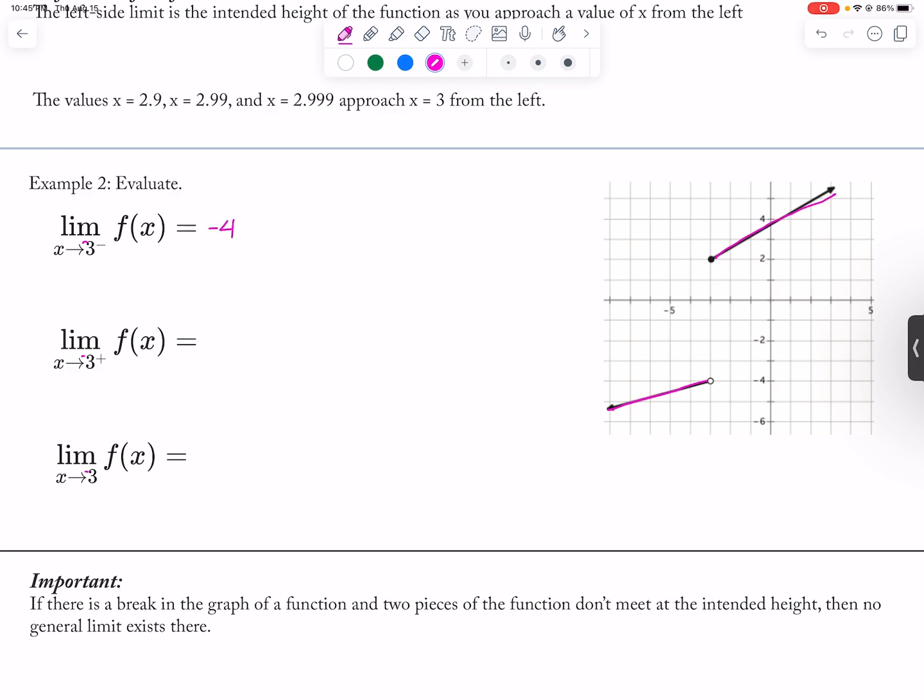And then from the right-hand side, I'm going towards -3 and I get y is equal to 2. So the limit is always equal to a y value. Okay? And then the only way that I have an overall limit is if these two numbers are the same. They are not the same, so this overall limit does not exist.